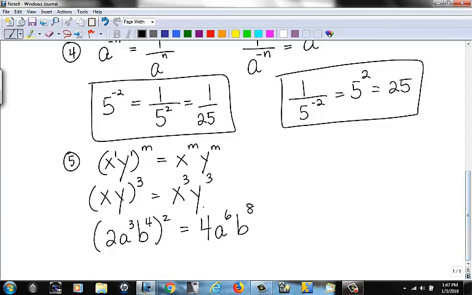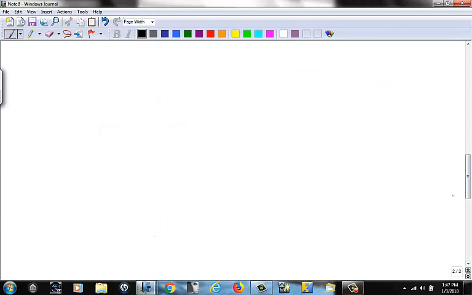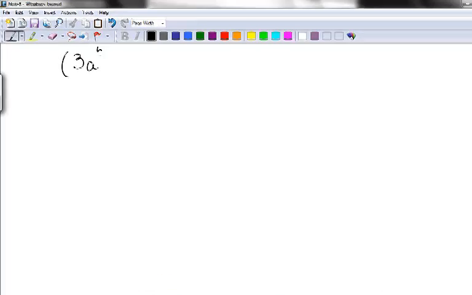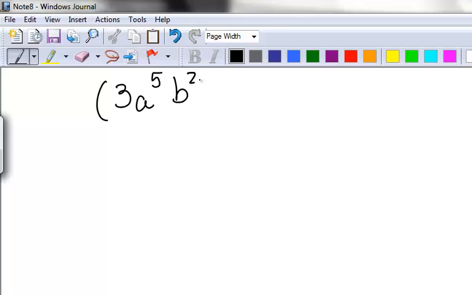There we go. Let's do one more of those. Let's do (3a to the fifth, b to the second) raised to the third power. So 3 to the third power, 3 times 3 times 3, is 27.